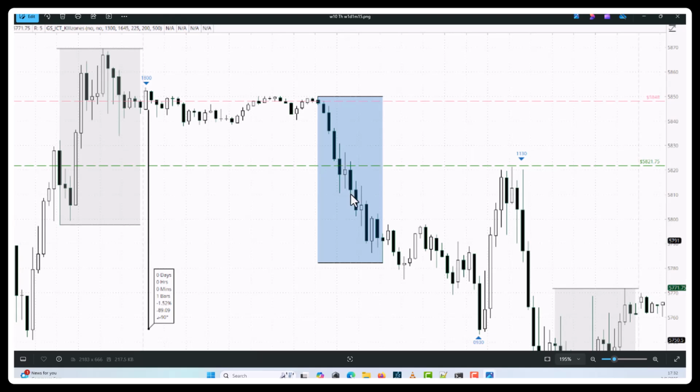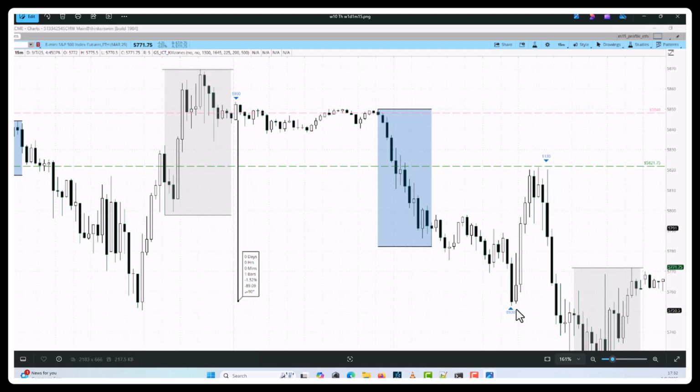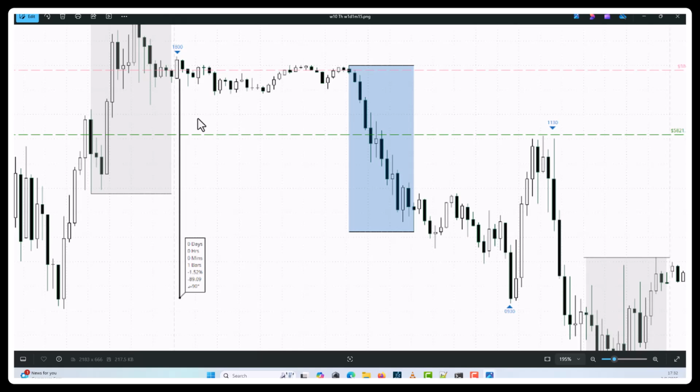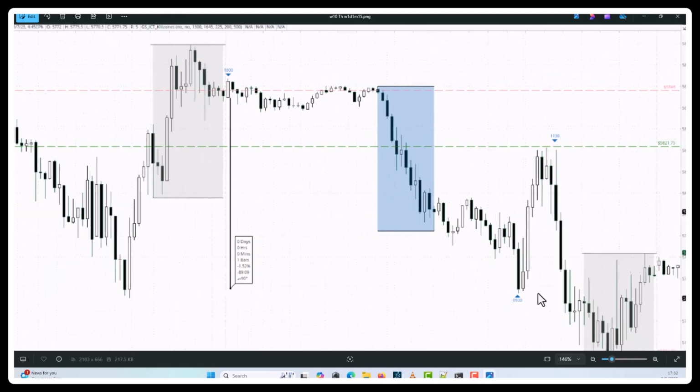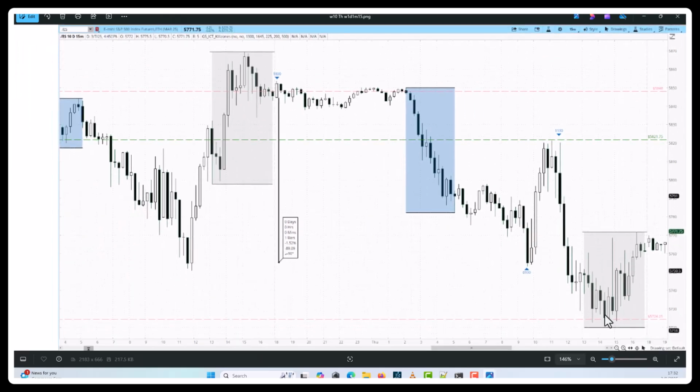So it broke the level in the London session, and when it opened around 9:30, you see that it's already a giant move right there, an 89-point move. It makes sense that it's going to retrace to build up more sell side liquidity before it can flush down and make the next leg down in the PM session.